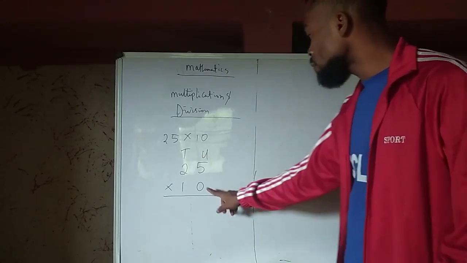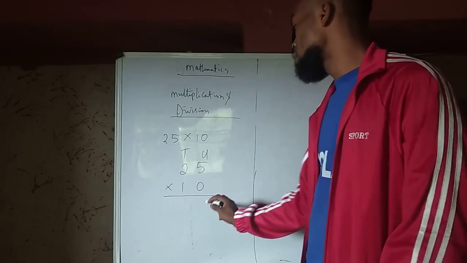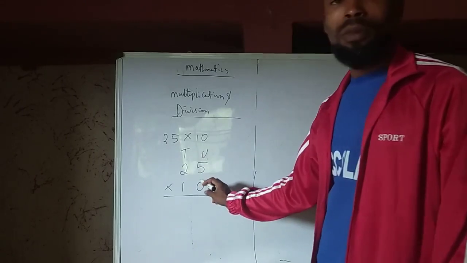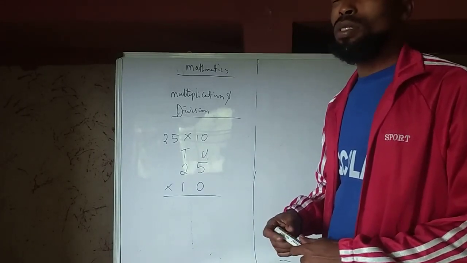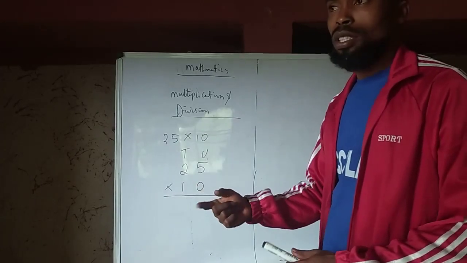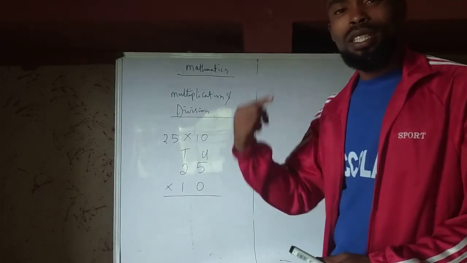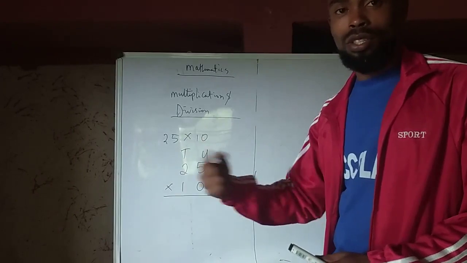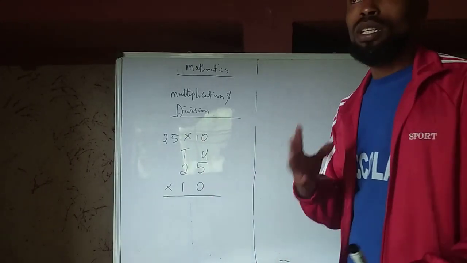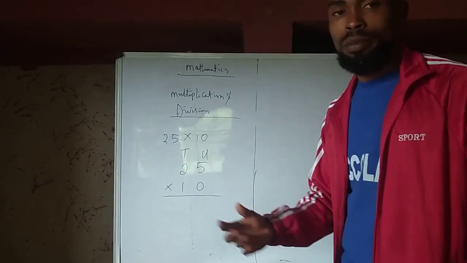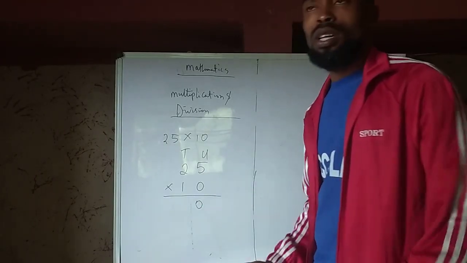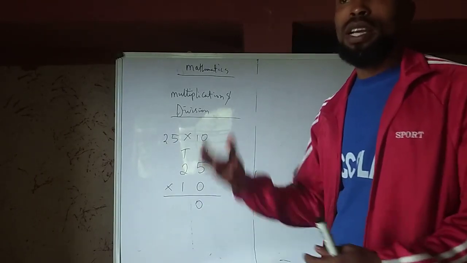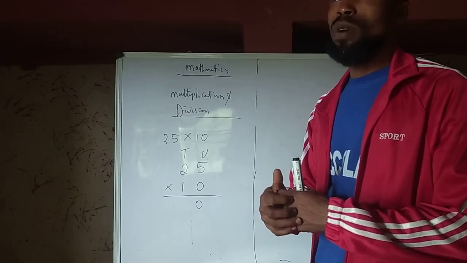And so 0 times 5 will be what? So we do the multiplication digit to digit now. Just like we did addition, where we did digit to digit addition, where we have more than one digit in a number. Okay, so 0 times 5 gives us 0, because nothing multiplied by something makes us to have nothing.